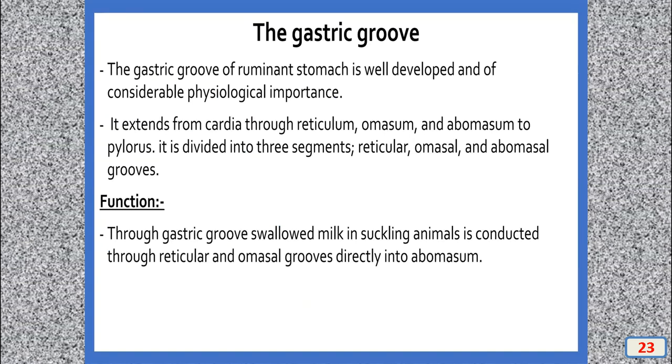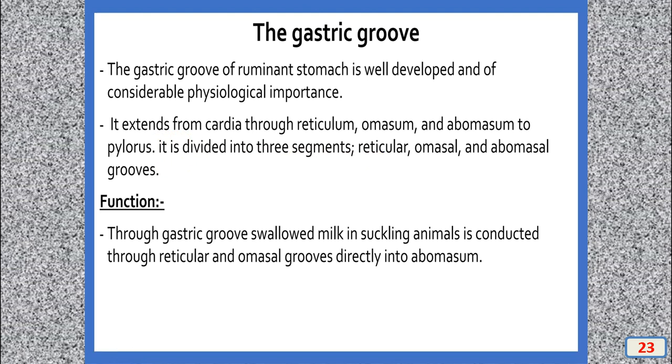So the gastric groove is well developed and of considerable physiological significance. The gastric groove extends from the cardia through the reticulum, omasum and abomasum to the pylorus. It is divided into three segments: reticular, omasal and abomasal groove.